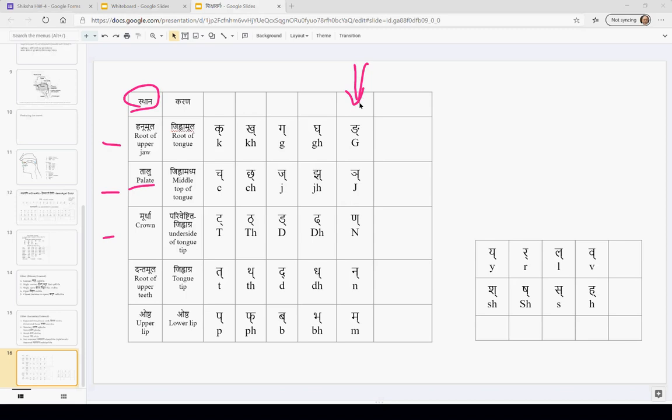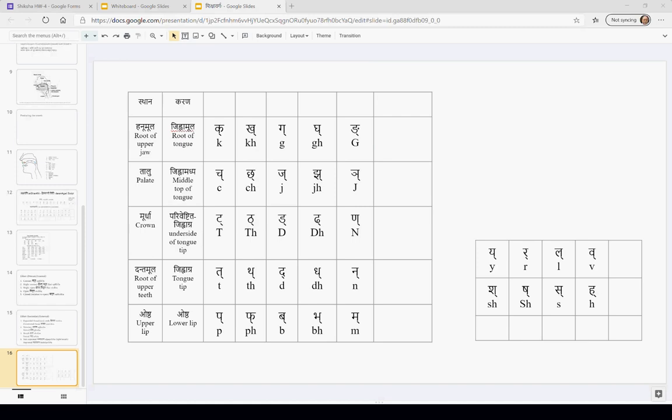But the last column also gets an additional position, sthanam, which is the nasal. So when the air is being blocked here, air also passes through the nose while pronouncing the last sounds in the last column.